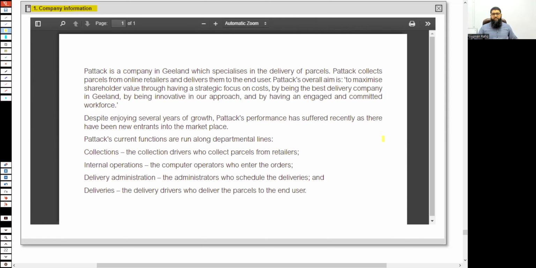Okay, so what does it say? It says Patek company is a company in Geeland which specializes in the delivery of parcels. So what is your main business? Delivery business. Patek collects parcels from online retailers, so that's step number one, collecting from online retailers, and then delivers them to the end user.